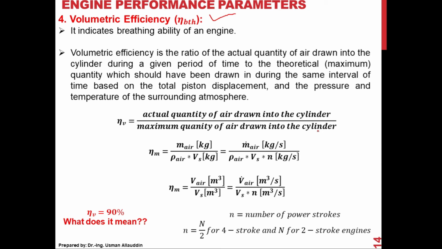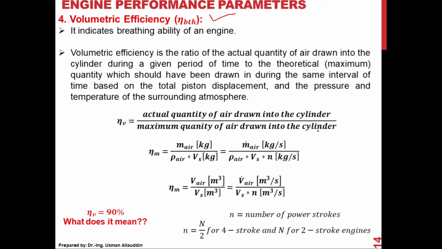But as I have already told you, the engine is running at a very fast speed. All the five processes are taking place in nanoseconds, so you do not have enough time to take enough air into the cylinder. Let's suppose 10 meter cube of oxygen is the maximum amount that can be drawn into the cylinder, but in actual conditions you are drawing only 8 meter cube.